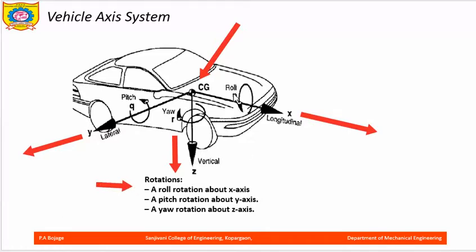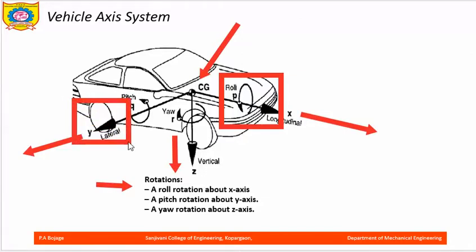The rolling. You can see this rolling happens along the x axis. Along the y axis, it is called the pitching or the pitch, and along the z axis, it is called the yaw. Okay.